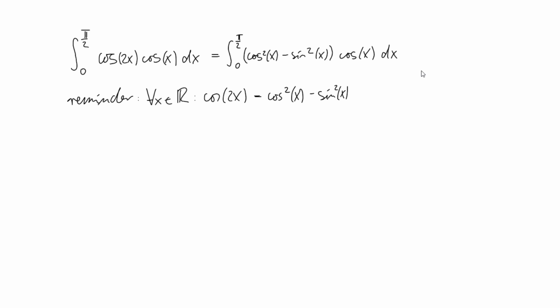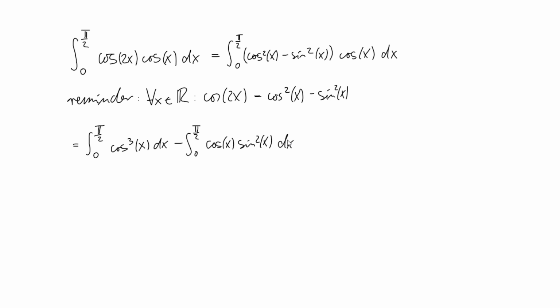So what we can do here is we can reformulate this by multiplying both cosine squared and sine squared with cosine. This gives us the integral from 0 to pi over 2 of cosine to the third of x dx minus the integral from 0 to pi over 2 of cosine of x times sine squared of x dx.